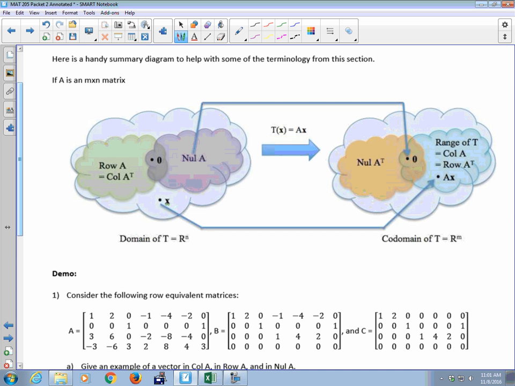So it's probably worth noting that the row space of A transpose is the column space of A, and vice versa, right? The column space of A transpose is the row space of A. Because the definition of a transpose is you take all the rows and make them columns, so those things flip-flop.